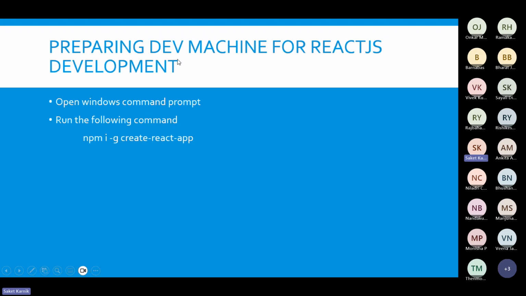Coming on to the React portion, how do I prepare my development machine for React.js development? We have already done that in the previous session. We need to install the Create React App tool, which is not a mandatory one.